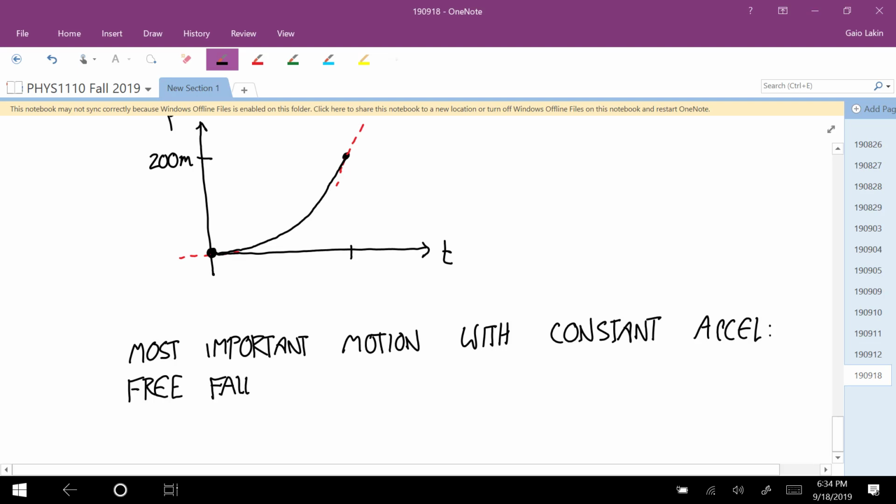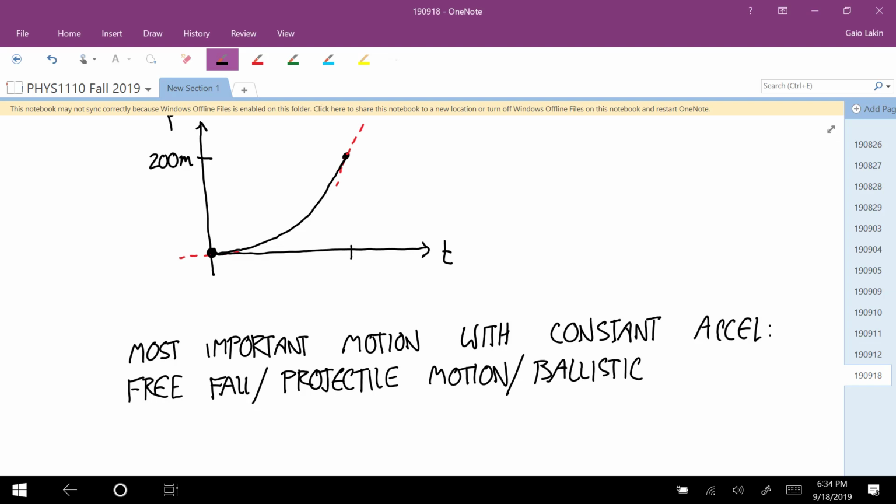So free fall, projectile motion. It's also known as ballistics, if you've ever wondered what ballistic means. If you were really accurate about what it meant for someone to go ballistic, that would just be like falling flat to the floor.